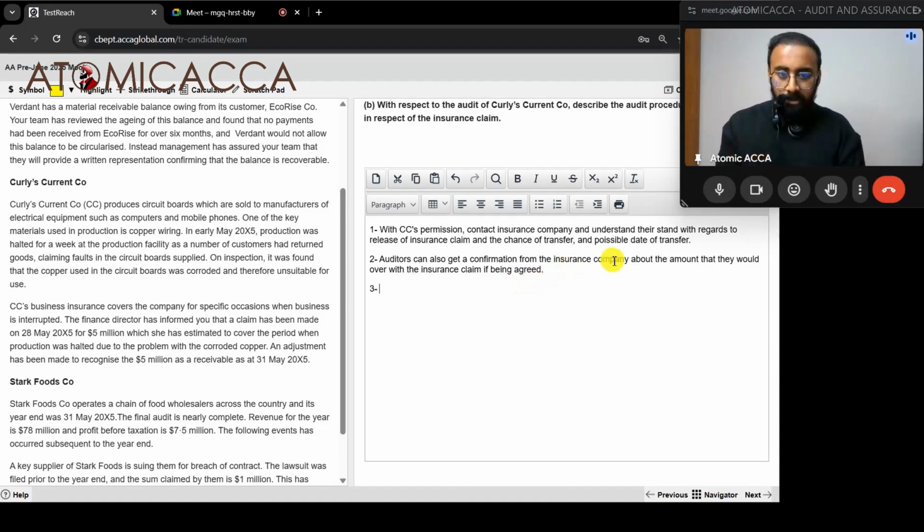Cool. Third thing, I can look at the correspondence between them and identify the possible chance of the claim being covered.